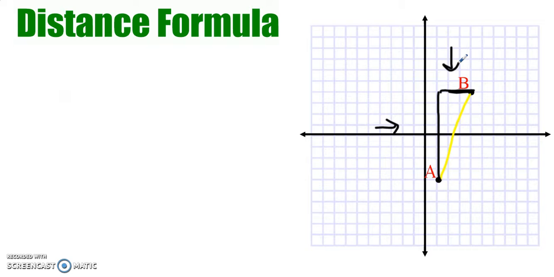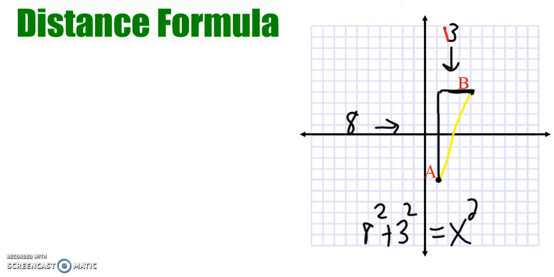Pythagorean theorem. So the distance here is 1, 2, 3, 4, 5, 6, 7, 8, 8. And this distance is 1, 2, 3. All I would need to do is take 8 squared plus 3 squared and set it equal to x squared.